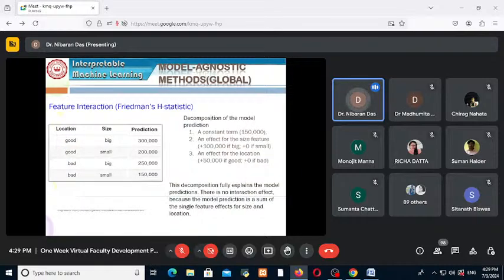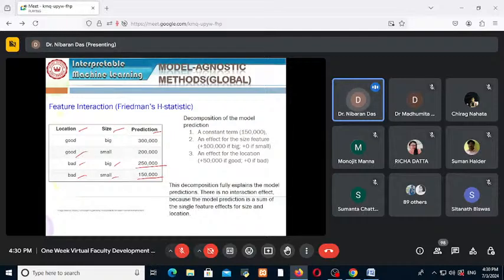So if you notice here, feature interaction, this is a house price prediction, and here we have location, size, and the prediction. Location bad, size small: 1,50,000. Location bad but the size is big: 2,50,000.